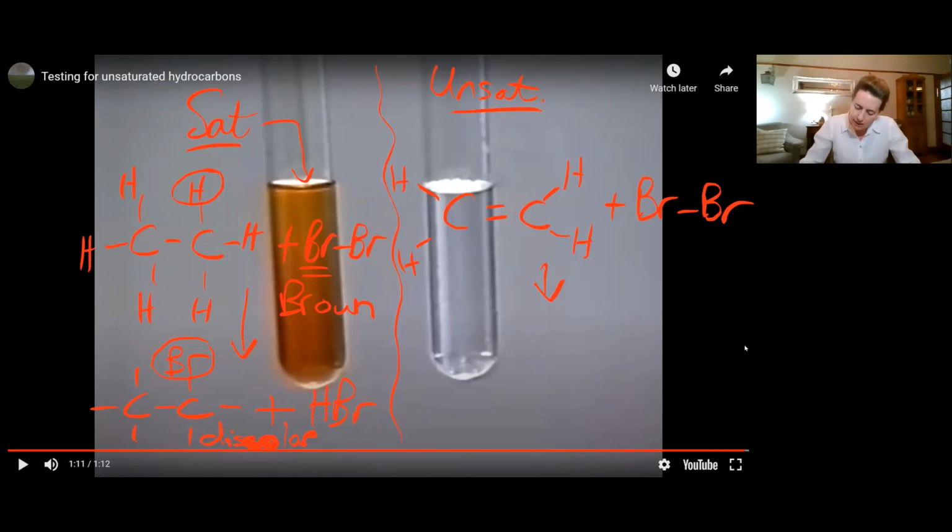You've got a strong sigma bond, which is your first covalent bond there between the 2 carbons, and then you have a weak pi bond as your second bond, forming the double bond between the 2 carbons. What will happen is that this weak pi bond will actually break, and now it will open sort of like a double gate, attaching or adding these 2 bromine atoms onto the carbon chain, like this.